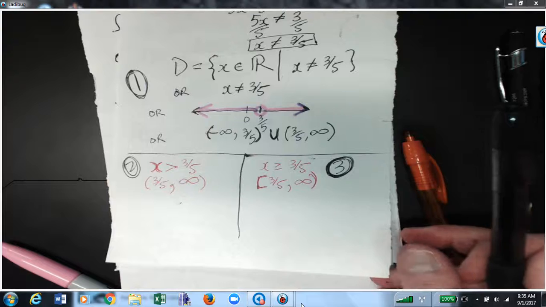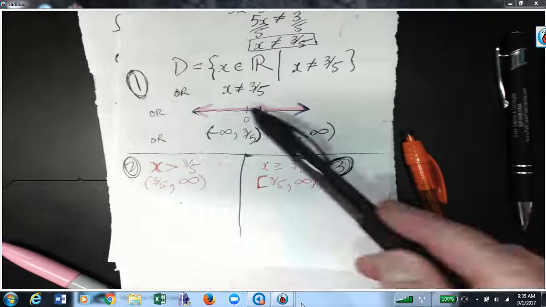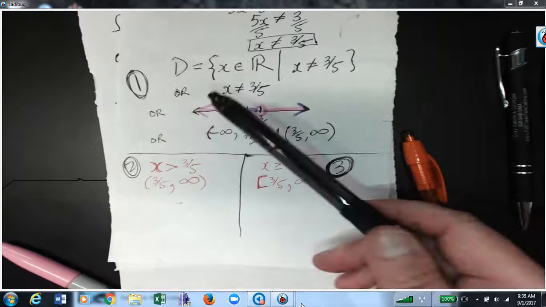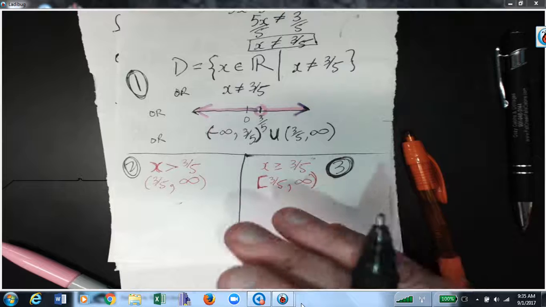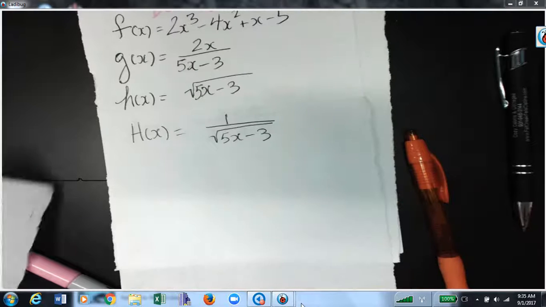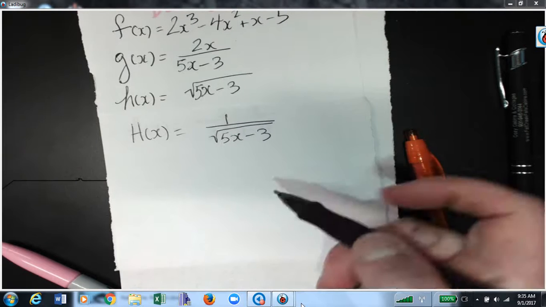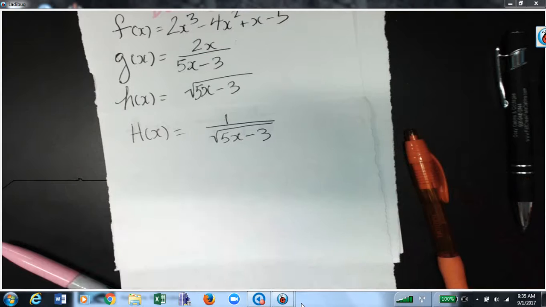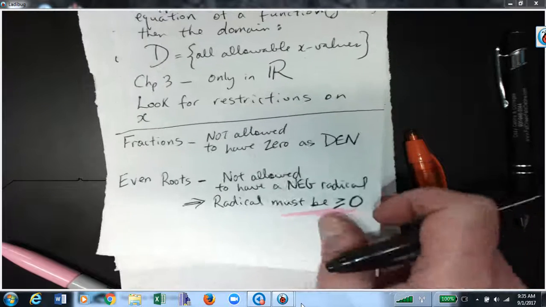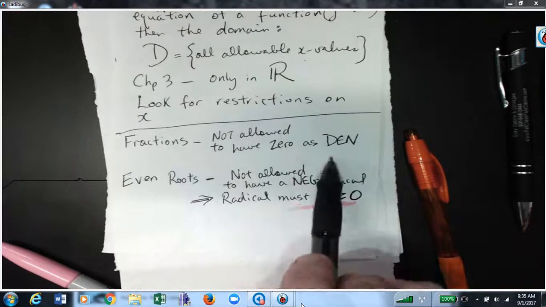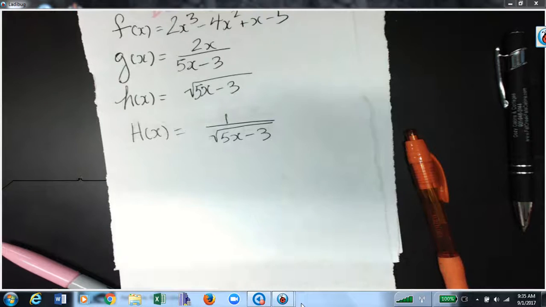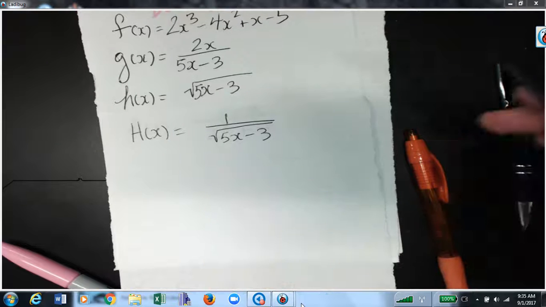So again, quite often, I'll see these being chosen. So we have to know these differences are oh so subtle. Well, first of all, we've got 2 restrictions here, don't we? Because it's a fraction, it's going to have to obey the restriction for a fraction. But there's also an even root involved.